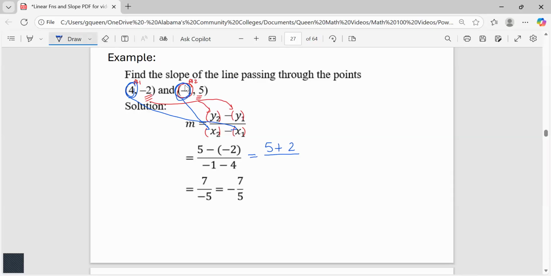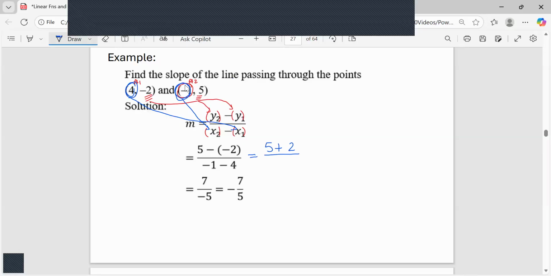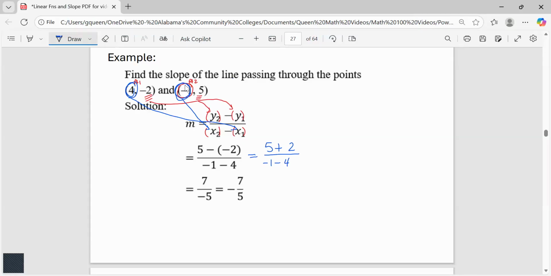Minus a negative is plus. On the bottom, -1 minus 4, we don't have a double negative there. We don't have two negatives side by side. So you have two negative numbers here. So this ends up being +7 on the top and -5 on the bottom. Okay. So you end up having -7/5 for your slope.